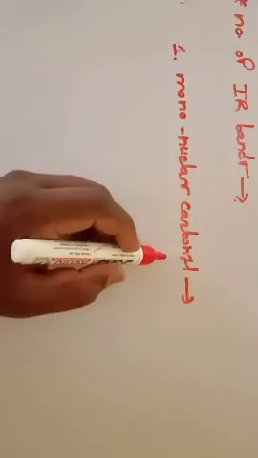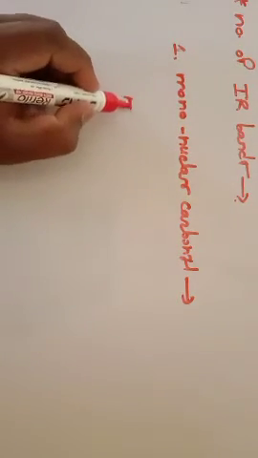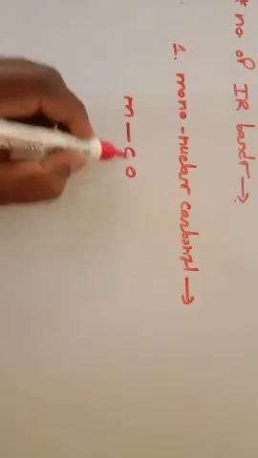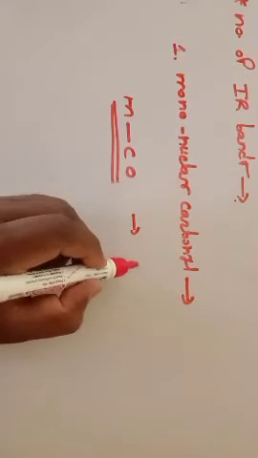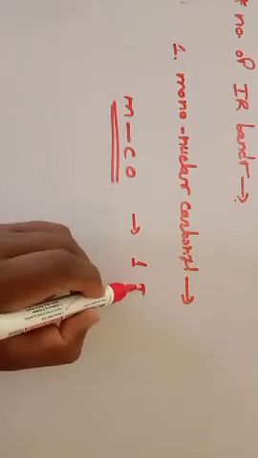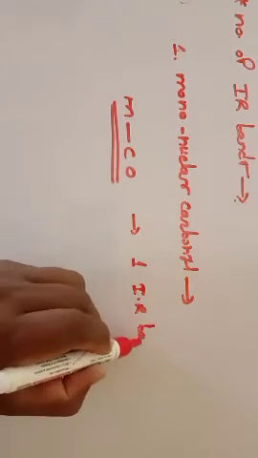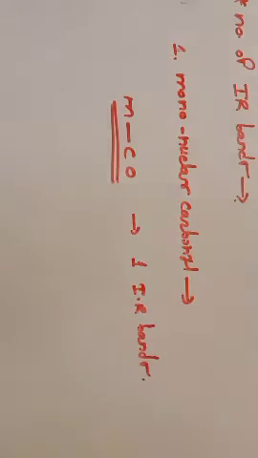The metal is attached to this carbonyl, and in this case we get only one IR band. Whenever we consider the mononuclear carbonyl, only one carbonyl is attached to the metal atom, so we get only one IR band.